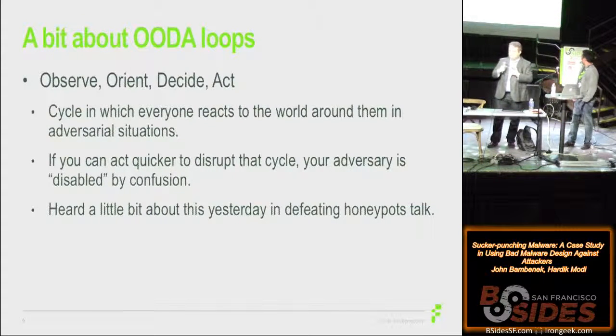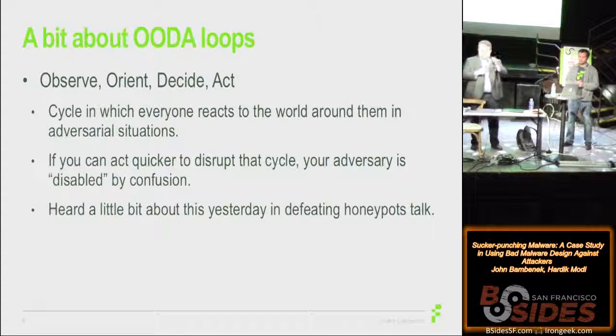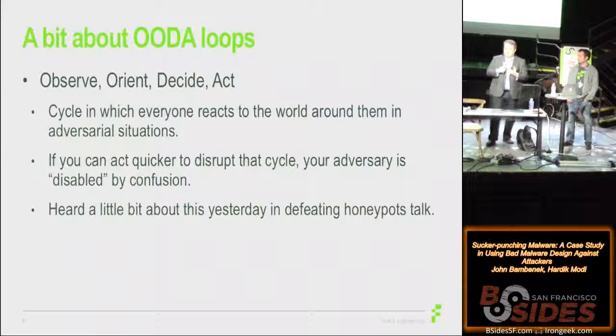They see a new data point, a new adversary, somebody engaging in new behavior, orient themselves to that reality, decide on a course of action, and then act. If you can get inside that mental loop, it creates a de facto destabilizing factor for your adversary. So the key is to act faster than those adversaries.